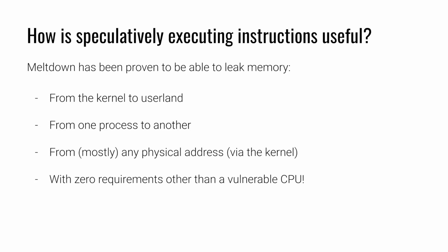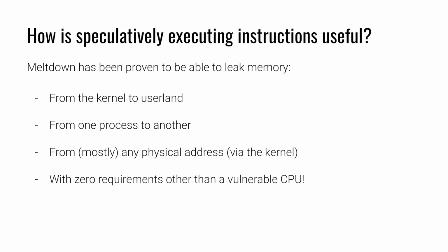Meltdown has been shown to also work to leak data from one process to another. And because Meltdown can be used to leak kernel memory, well, inside of kernel space is physical memory. There are a couple of very specific exceptions, but once you can leak kernel memory, you can leak almost any physical address because the physical addresses are mapped into kernel space.